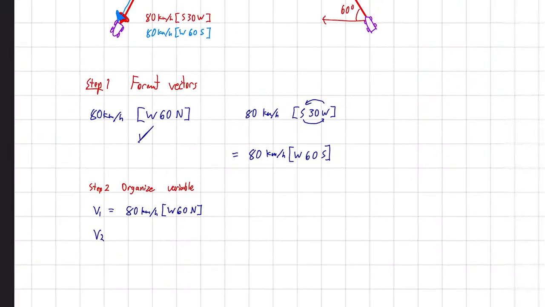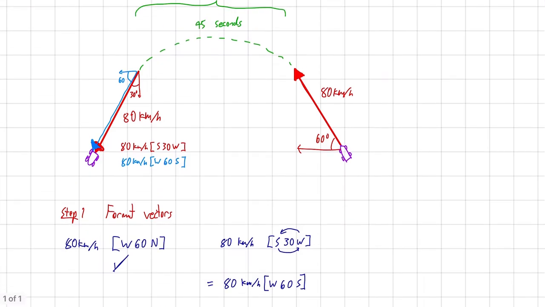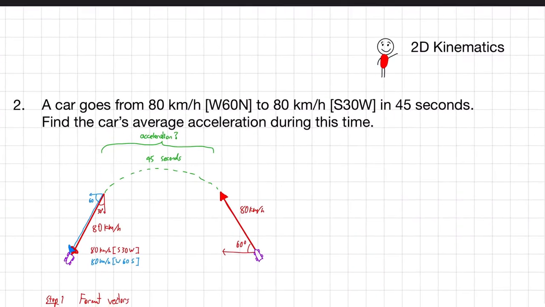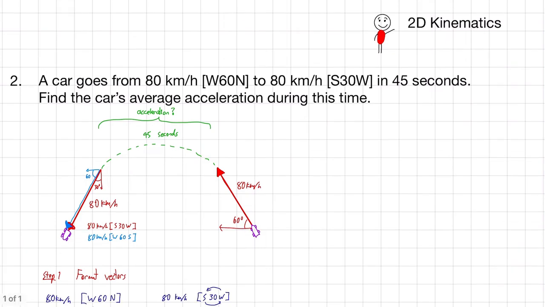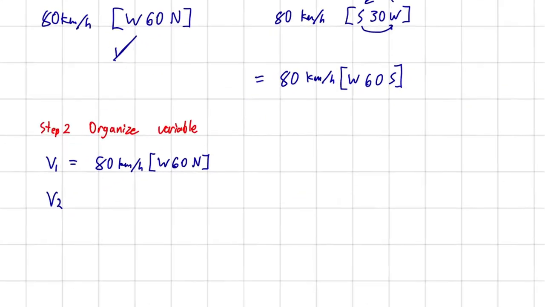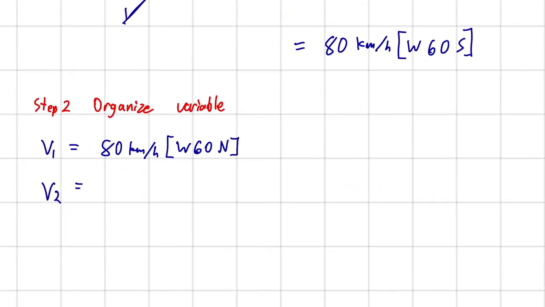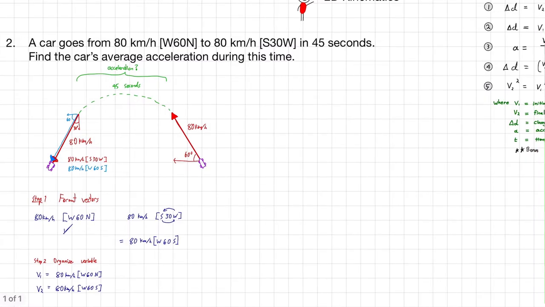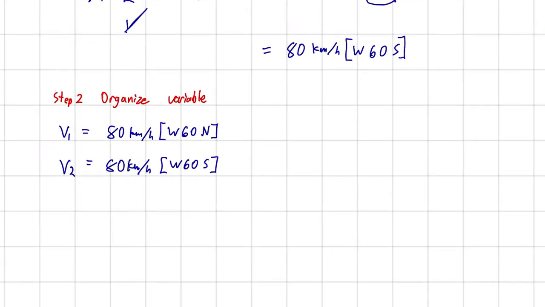And we also have a v2, and that is our second vector, which is also this one, which we have rewritten down here. It's 80 kilometers per hour in the direction of west 60 south. And then the third piece of information that we're given in the question is a time of 45 seconds. So time is equal to 45 seconds.